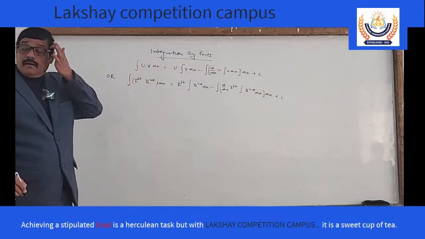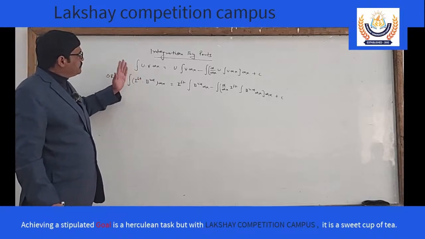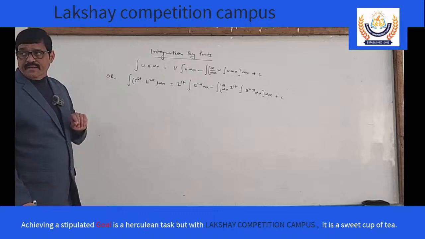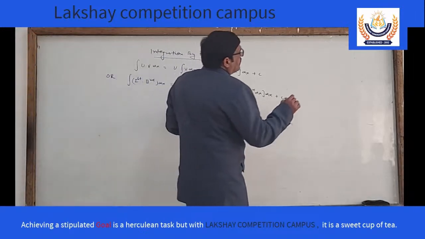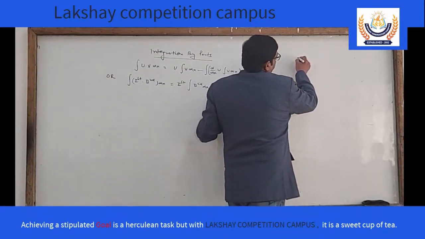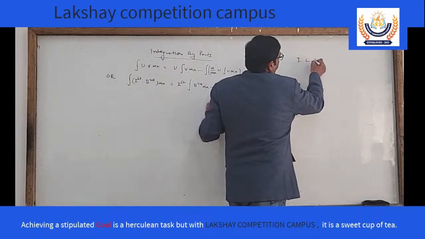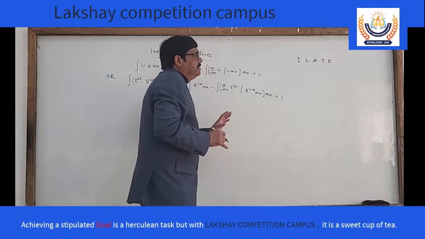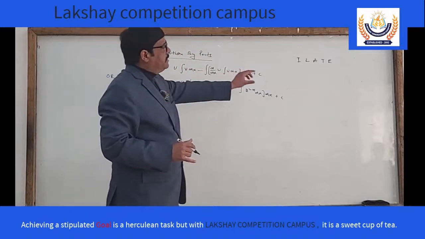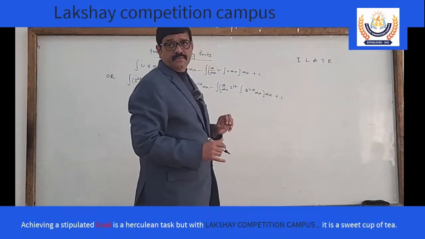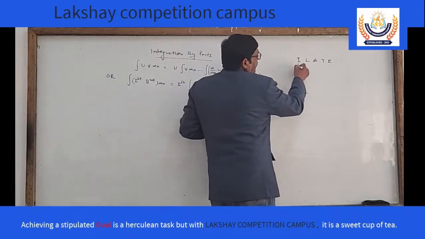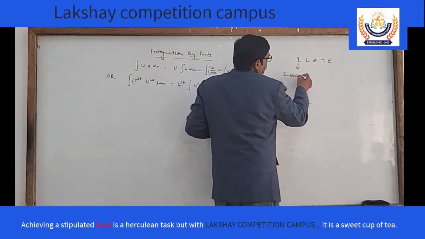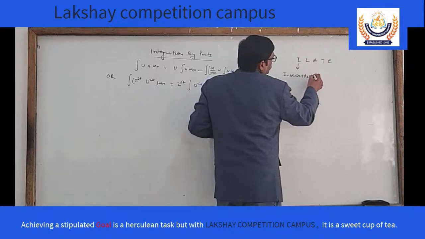Clear? How can we find out which is the first and which is the second function, if two functions are given in a product? There is a trick, that is ILATE. According to this word, the letters are written in order. I represents inverse trigonometry, T ratios.